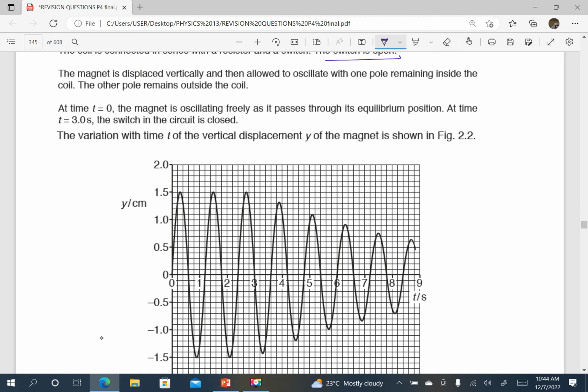At time t equals 0, the magnet is oscillating freely as it passes through the equilibrium position. Here we see that the amplitude is constant because there were free oscillations. At time t equals 3 seconds, the switch in the circuit is closed, and we see that the amplitude is gradually decreasing. That is, the system is now losing energy.